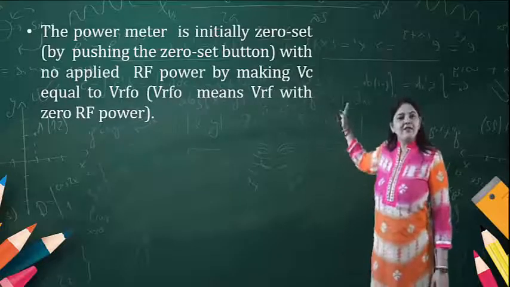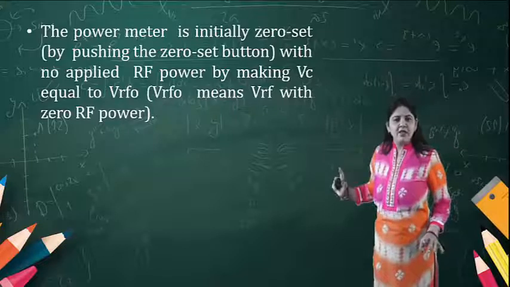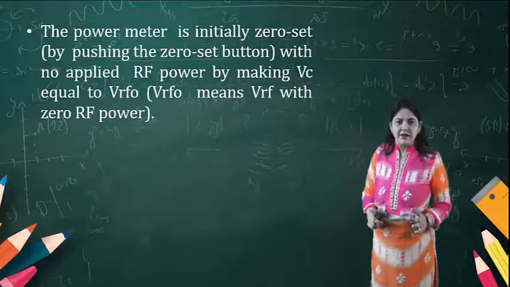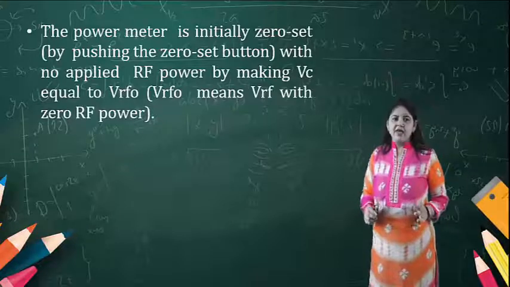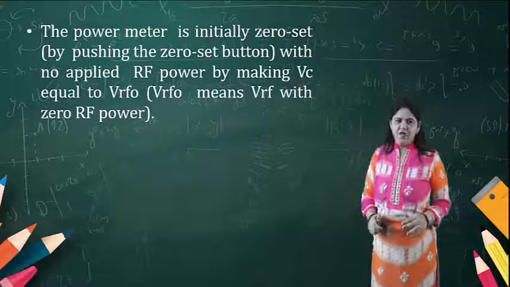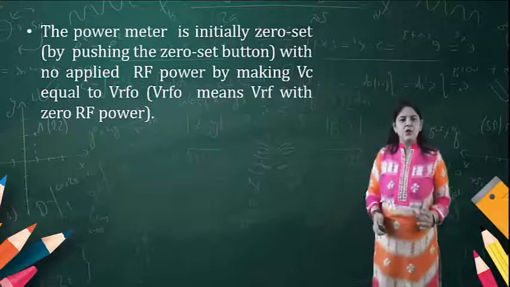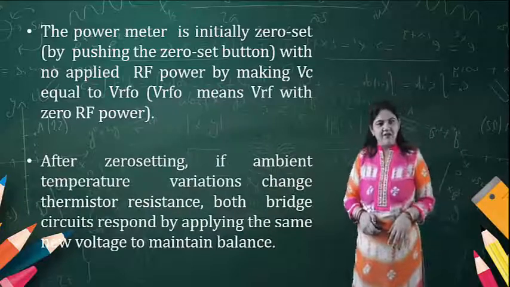The power meter is initially zero set by pushing the zero set button with no applied RF power, by making VC equal to VRF. So VRF0 is the reference voltage with zero RF power.